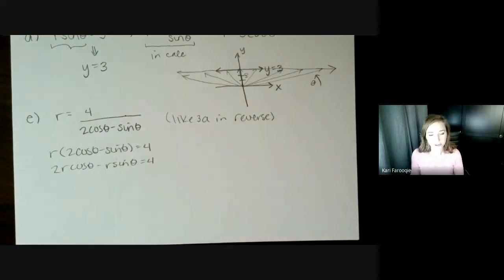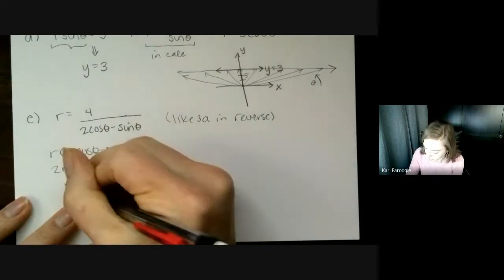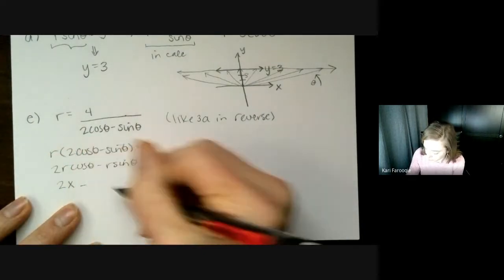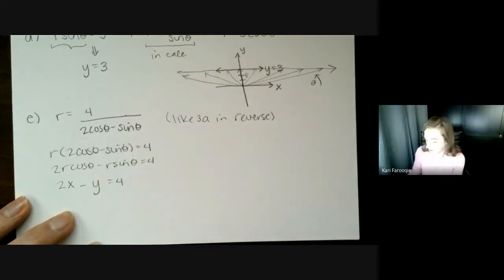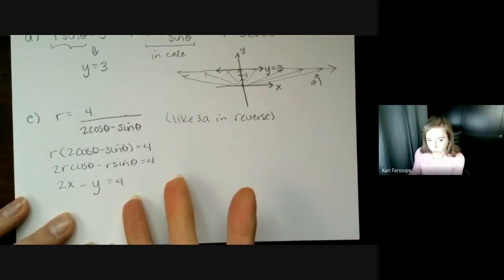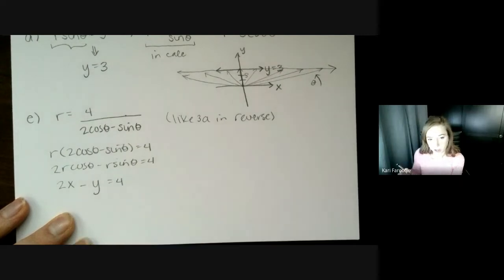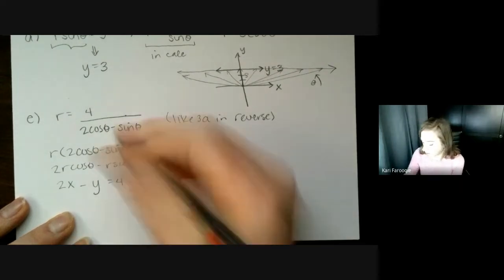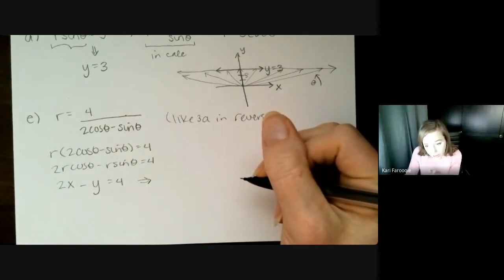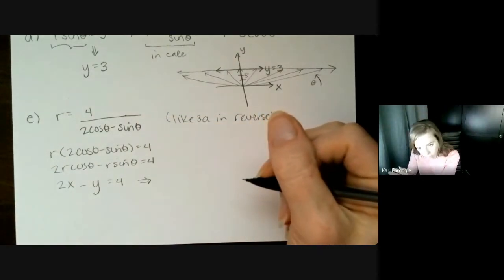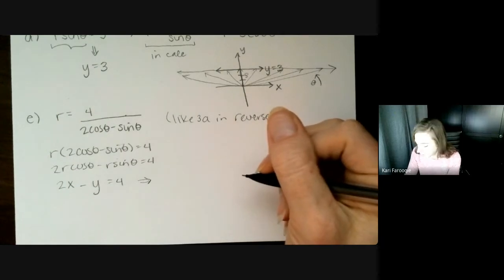And now that you're here, you're like, oh, got it. R cosine theta is x. R sine theta is y. No big deal. This is technically fine for the conversion unless you're specifically asked to give the equation in slope-intercept form. I tend to say if you can solve for y or if you can solve for r, depending on which way you're heading, you should do that.